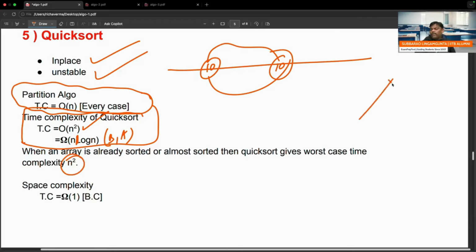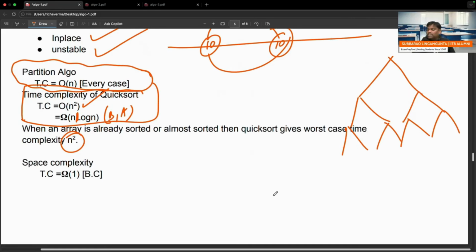Quicksort is also divide and conquer. If you divide in the best way, log n will come. If you divide in the worst way, n. But there is a modified, efficient way of writing the quicksort algorithm, using recursion on one side and non-recursion on the other. In the normal algorithm, you do recursion on both sides.